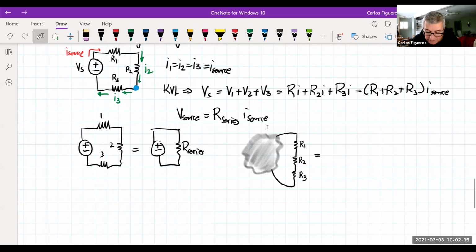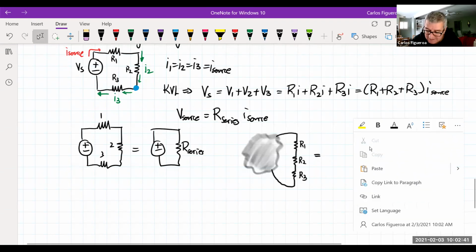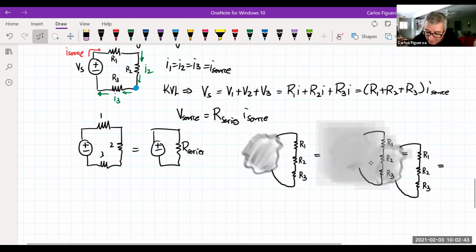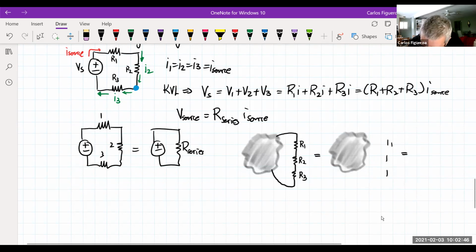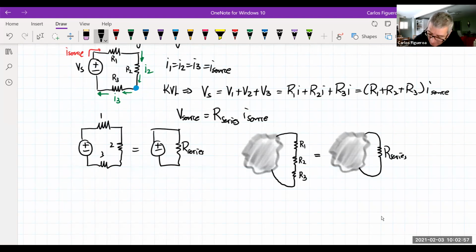If I repaste this here, I could replace this branch by one resistor, R series. That one resistor is, of course, the equivalent of adding these. And what do I know? I know that the current I in this branch is going to be the same through each of these resistors.